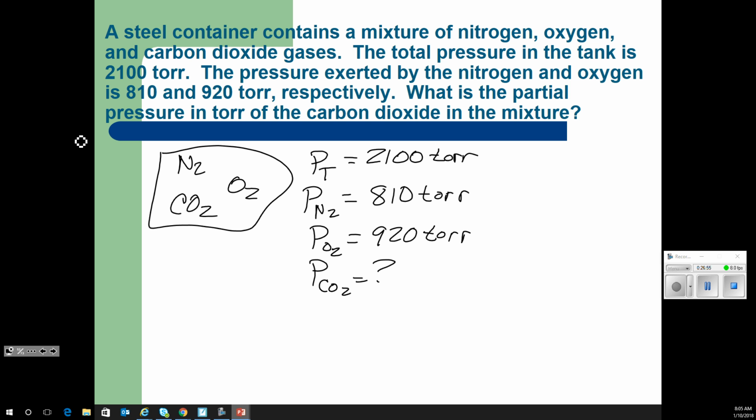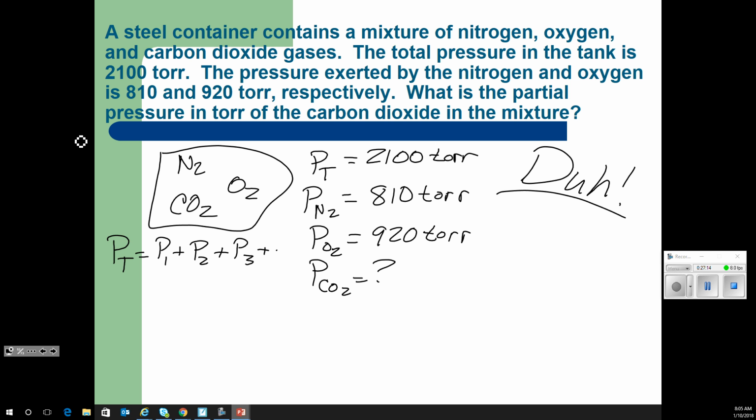Okay, this is whose law? Dalton's. Okay, so pressure total is equal to all the little parts added up, right?